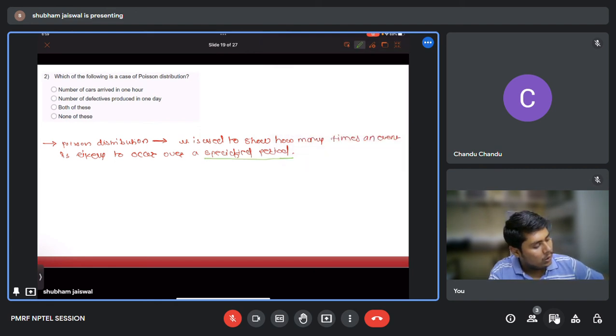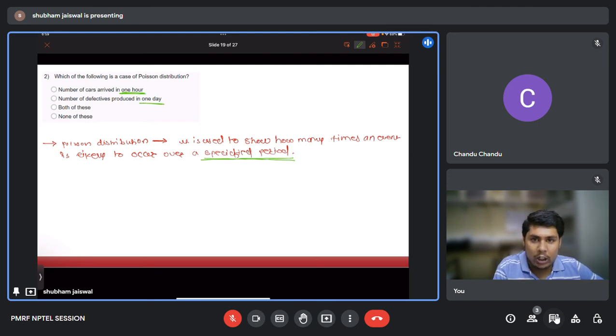It is talking about an interval, which can be a time interval. In the first case, we have 1 hour, so it is an interval, a specific period of 1 hour. Similarly, in the second case, they are talking about 1 day.